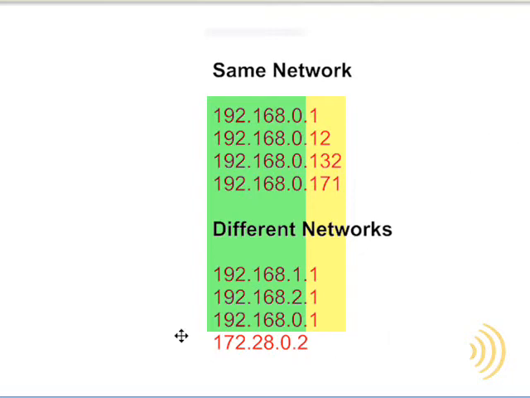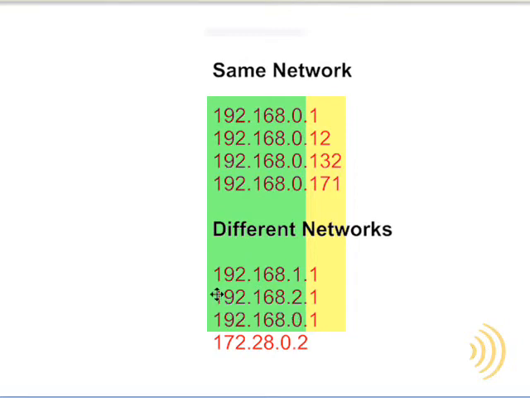But things start getting a little bit different down here. What happens down here? We have three houses or three computers with host addresses of 1. Now we look here, we have 192.168.1, we have 192.168.2, we have 192.168.0.